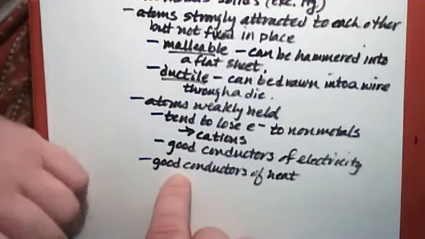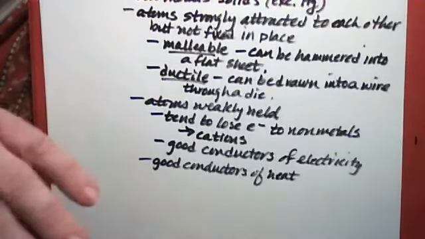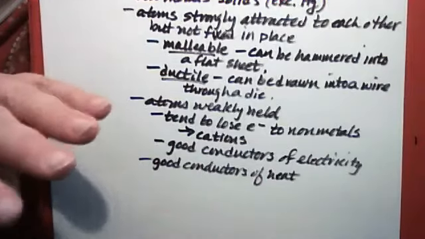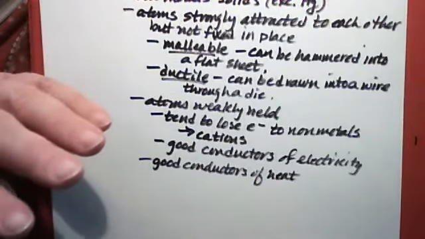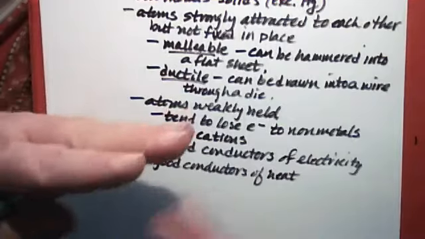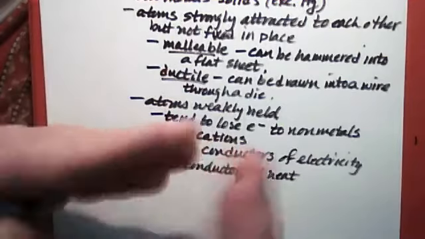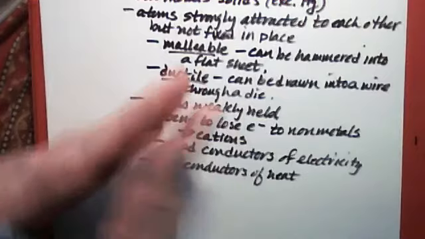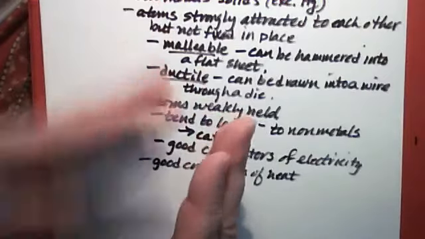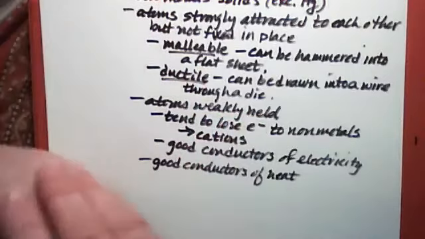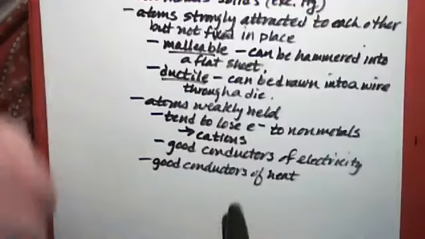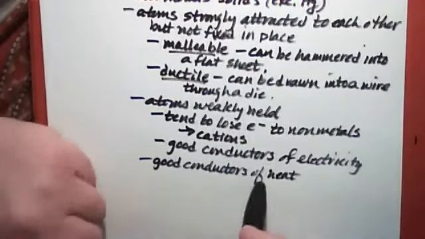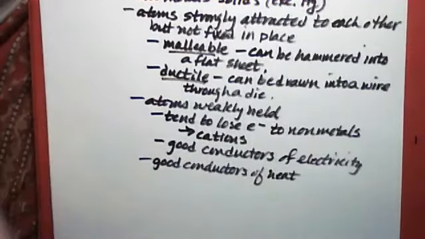And for heat to travel through a substance quickly and efficiently, it requires fairly close contact between the molecules so that the vibration of one molecule can be efficiently transferred to the molecules next to it, and so on, all through the substance. And so substances with particles that are pretty close together, like metals, tend to be good conductors of heat.